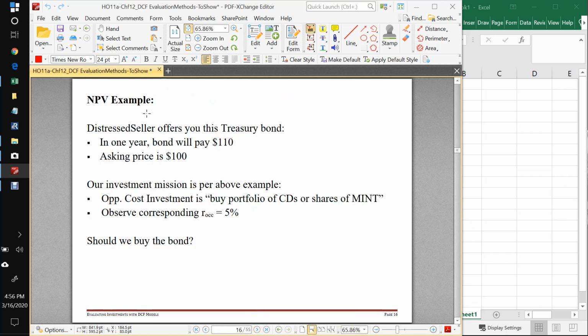So let's do an example. Okay, so we've got a distressed seller here offering you a treasury bond where the contract says in 1 year it's going to pay the holder of the bond $110, and the distressed seller is asking you for $100 for this contract. So let's say our investment mission is per the above example.